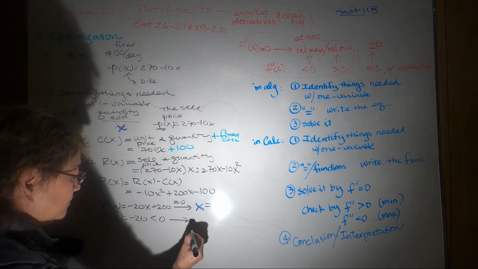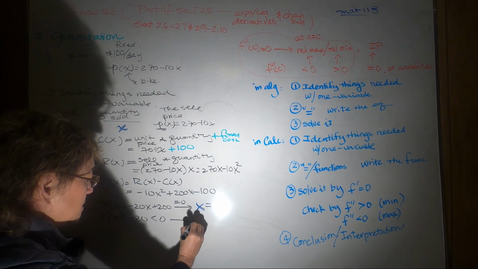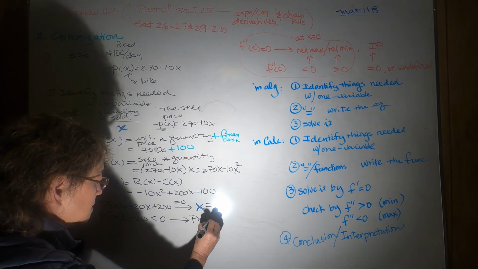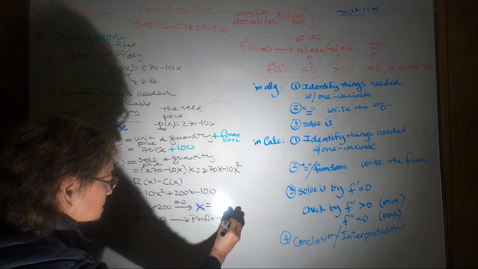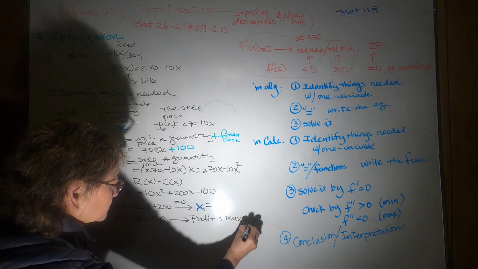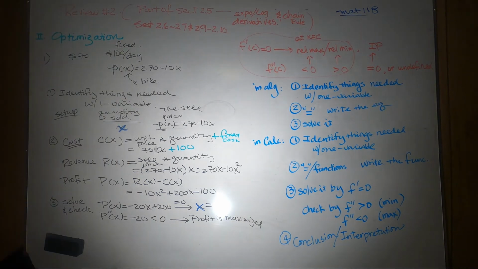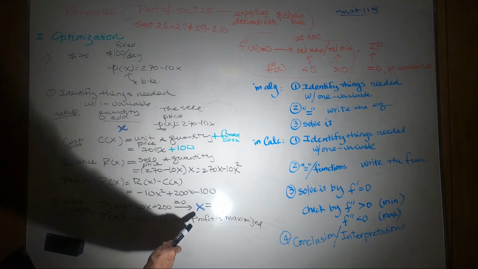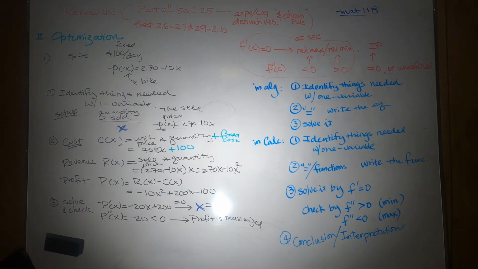It means the profit is maximized, right? And what condition? When you produce 10 bicycles a day, and sell 10 bicycles a day.